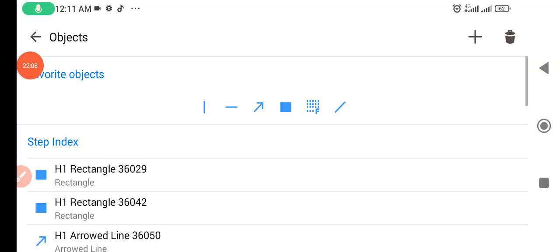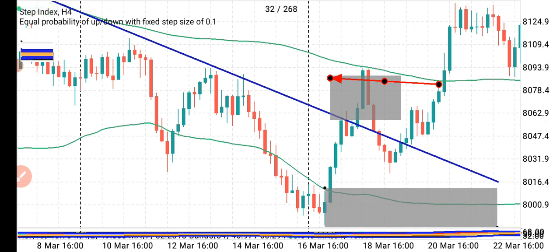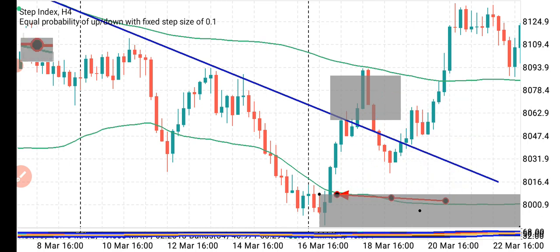And this is the order block that triggered the fake out. Now this particular order block triggered this fake out. And once you have this scenario, what do you do?